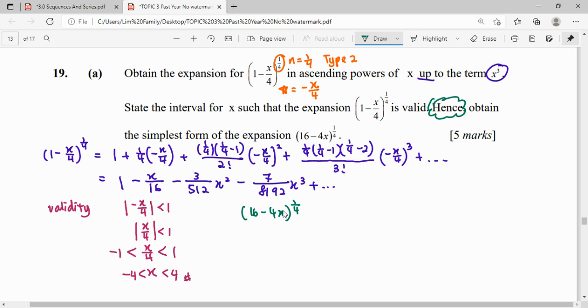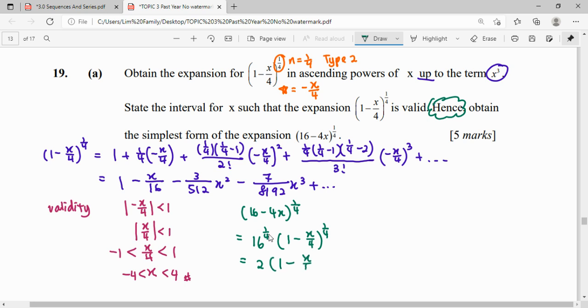So when I want to simplify here, we factorize out 16 together with its power 1 over 4. Inside here we divide by 16, we get 1, and divide here by 16, we get negative x over 4, power 1 over 4. And then we simplify: 16 power 1 over 4 is equal to 2.